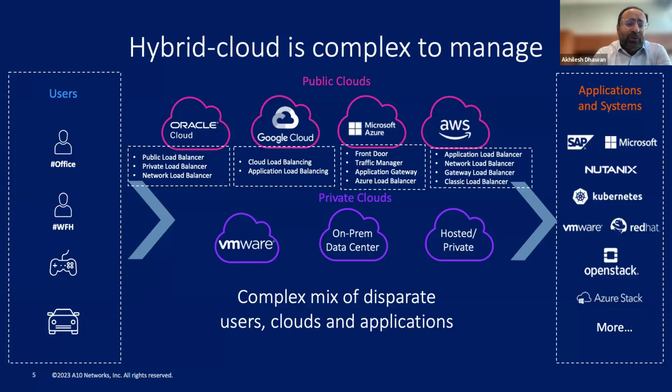Now, when your users are accessing applications, they'll go through all these third-party solutions. If you are on Oracle, Google Cloud, or AWS, they have their own application load balancers, for example. They have their own network load balancers, which only do load balancing for applications hosted on their cloud. And then you have private clouds or private infrastructure where you have your own appliance-based or virtual load balancers deployed on-premises.